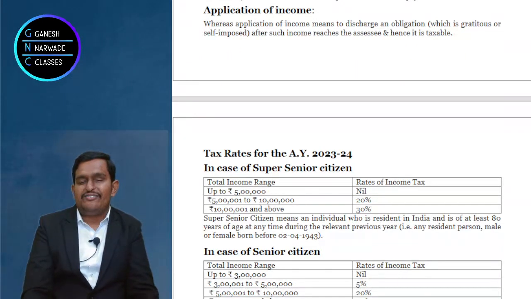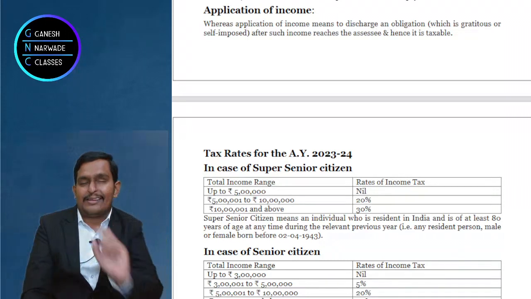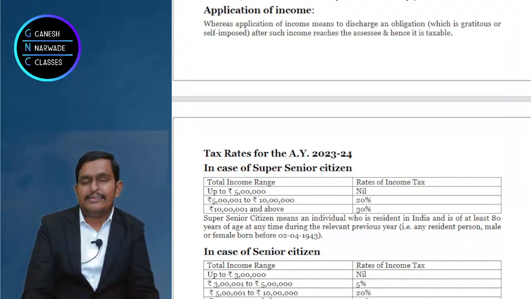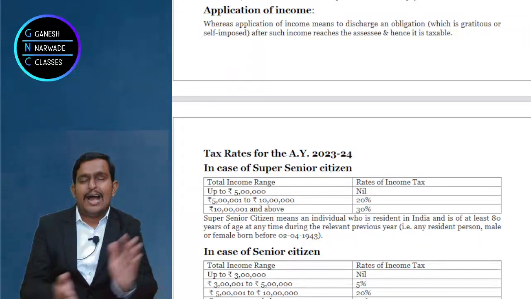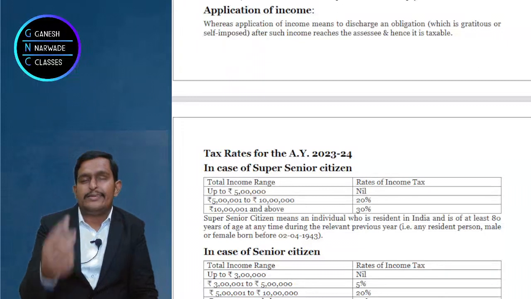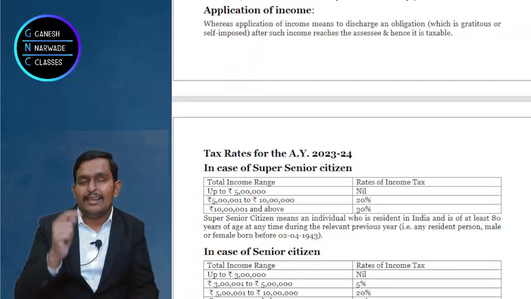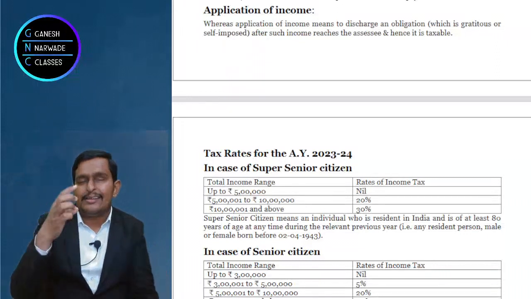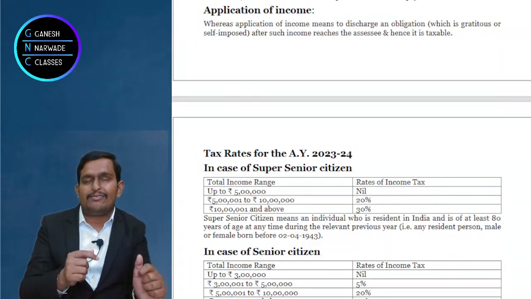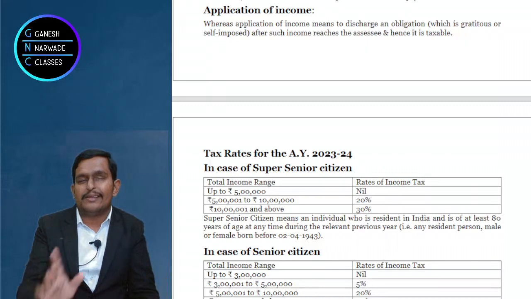If income is more than 10 lakhs, that is 10 lakh 1 rupee or more, then it is 30% tax. So for resident super senior citizens: up to 5 lakhs, nil; 5 lakhs 1 rupee to 10 lakhs, 20%; 10 lakhs 1 rupee and above, 30%. This is what you should remember.